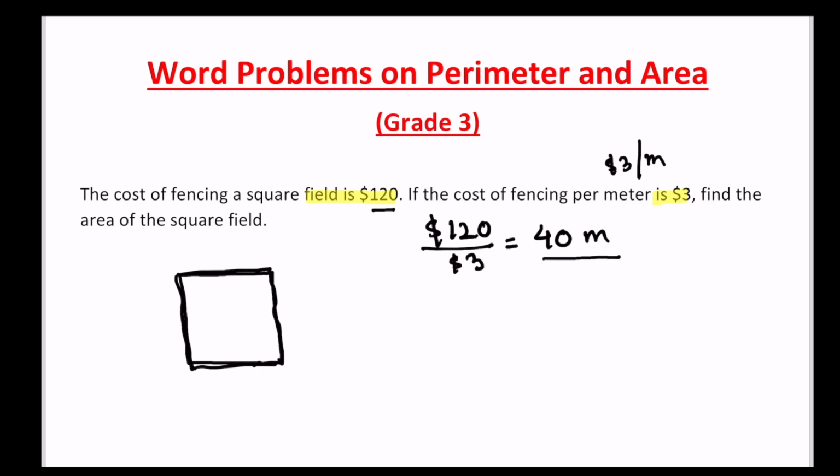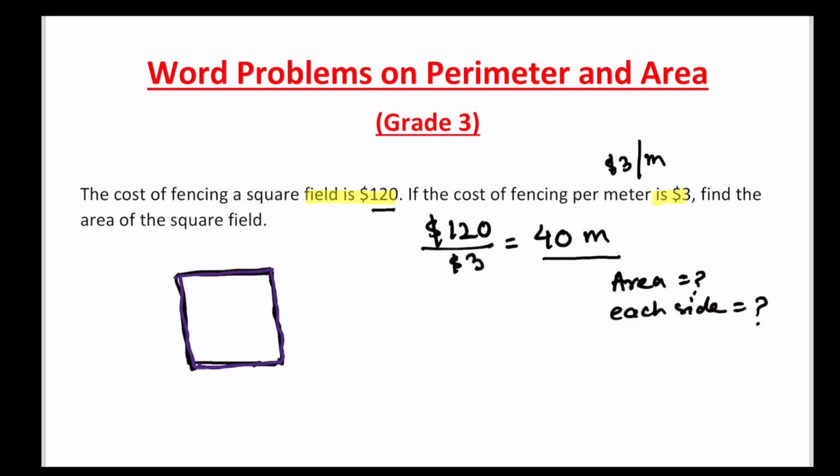So now we know it took 40 meters to fence this whole square field. We have to find the area. Also, to find the area, we need to find the measurement of each side of this square field.